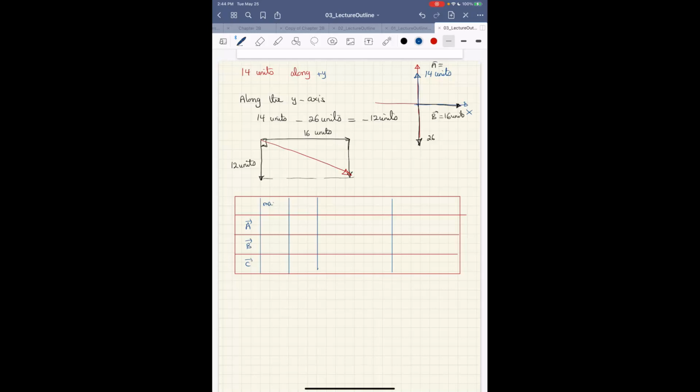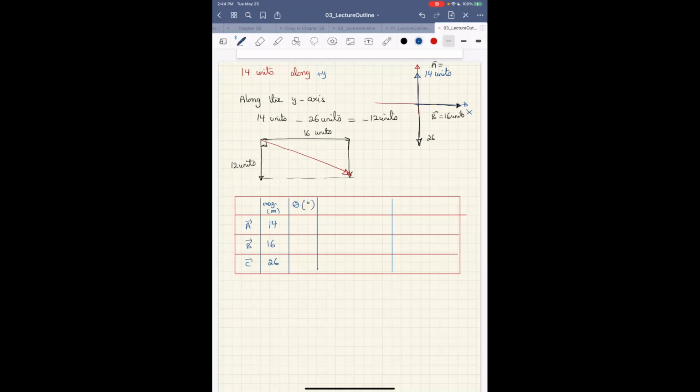The magnitude, you can make it meters, blocks, whatever units, okay? A is 14, B is 16, and this one is 26. Now, I can translate south, north, east to angles, which I always prefer.